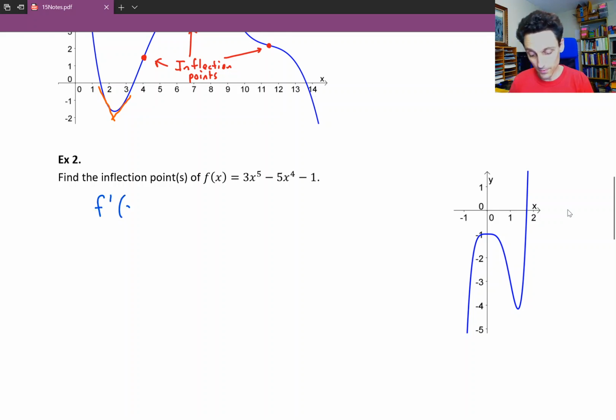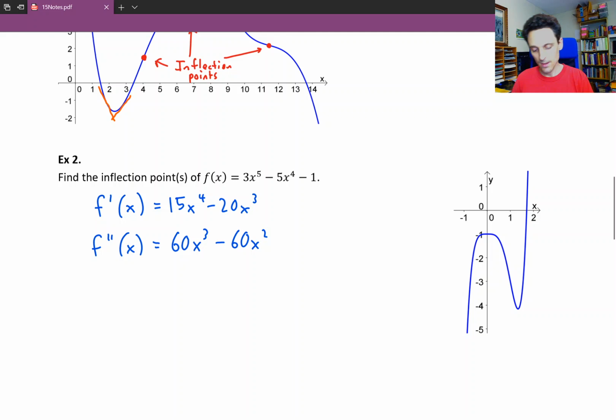So to get to the second derivative, we need to go through the first derivative. First derivative will be 15x to the fourth minus 20x to the third. Second derivative will get 60x to the third minus 60x squared. We'll go ahead and factor to get ready.